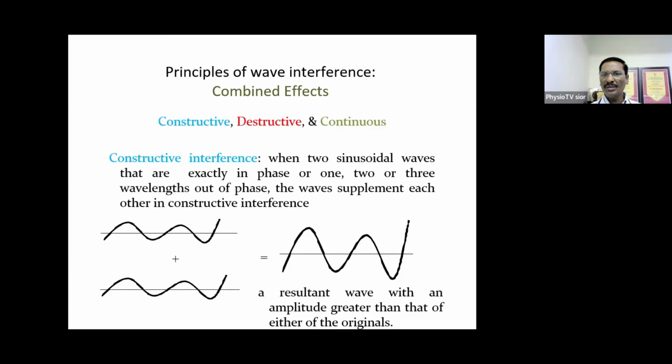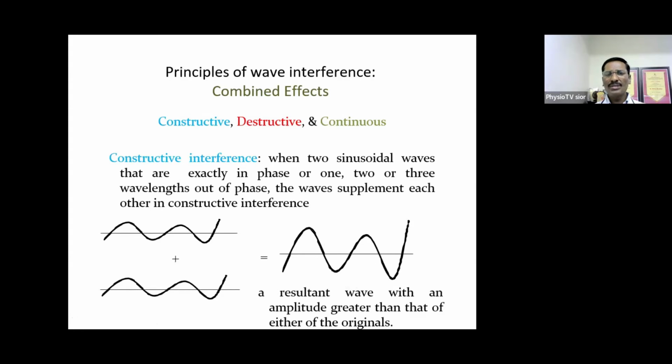That means both have the same waveform, the same wavelength, everything is the same. When they are superimposed, they supplement each other and result in a wave with an amplitude greater than either of them. That means the two get added up and result in a greater amplitude. This type of interference is called constructive interference.